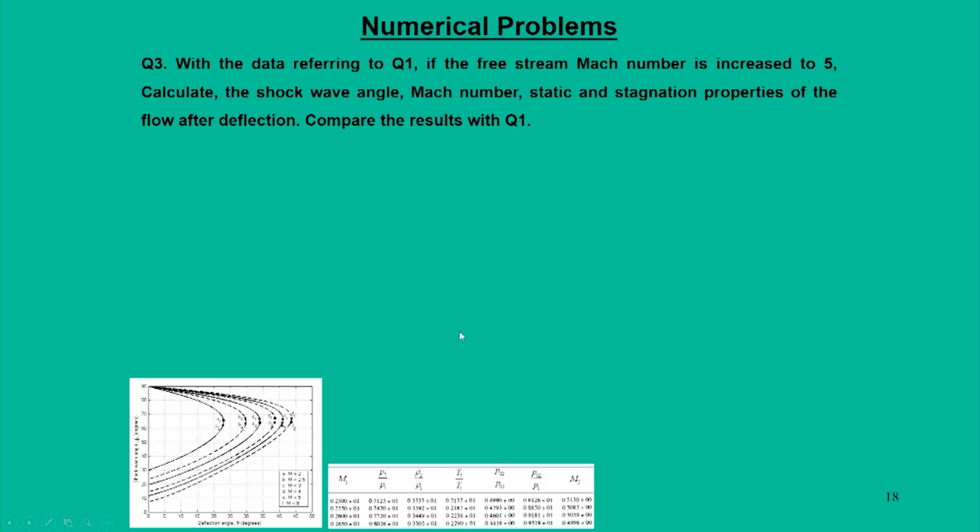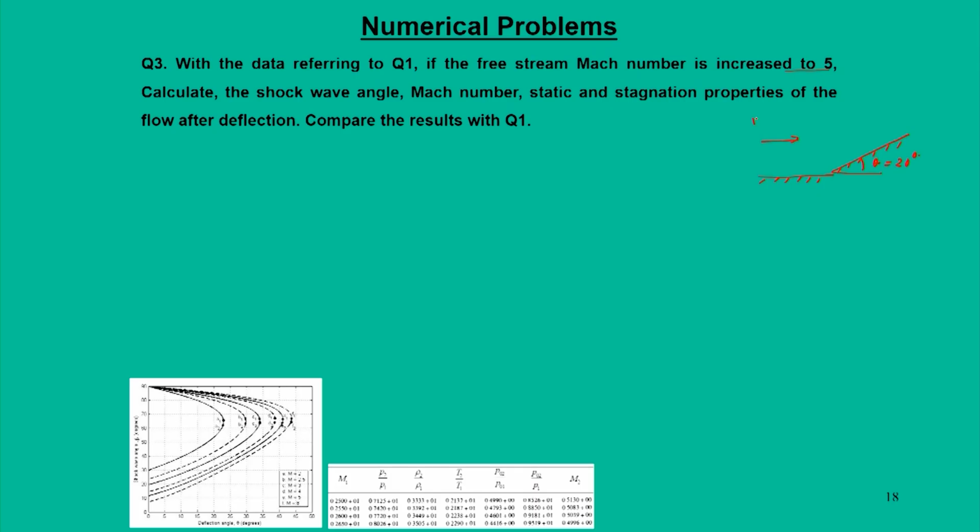Now, in the third problem, for the same situations, here we are increasing the Mach number. So, for the same problem, that is the compression corner, theta remains 20 degree.